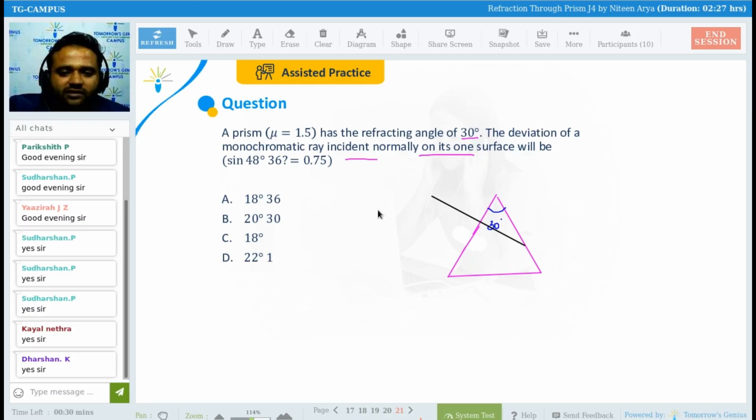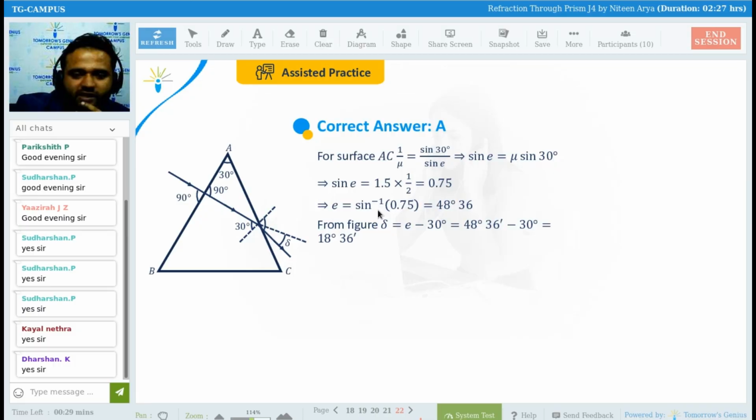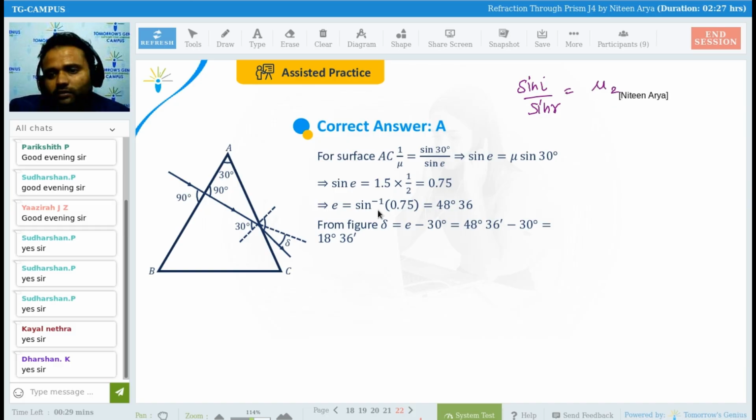Very easy. Sin of 48 degree 36 minutes is 0.75, so sine inverse 0.75 is going to be there. For surface AC, sin i by sin r is mu 2 by mu 1.